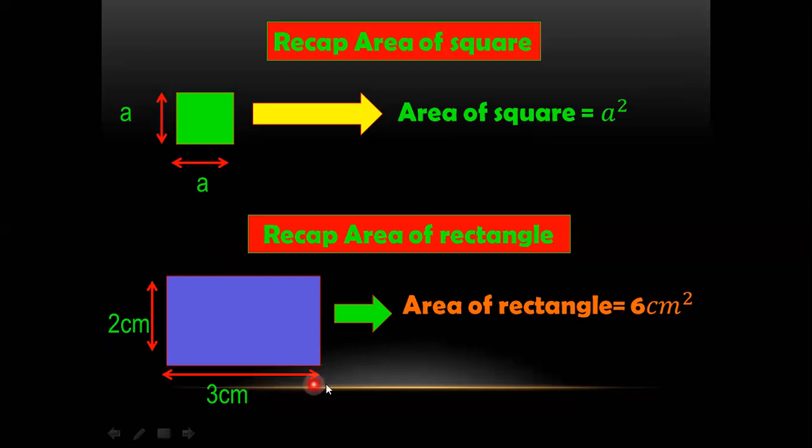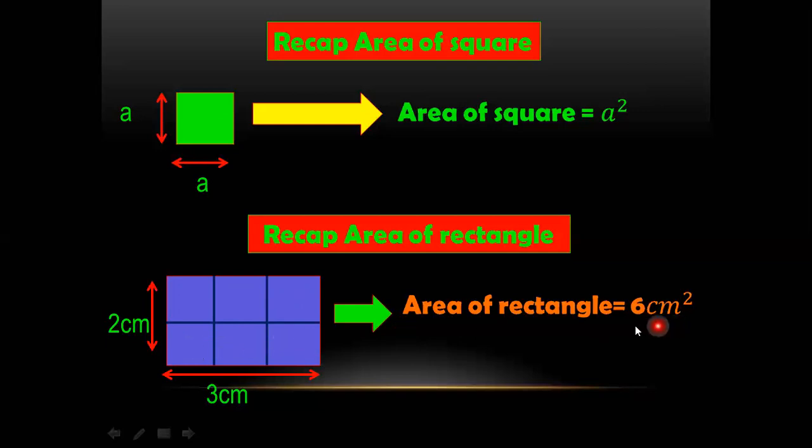So this 3 centimeter means there are 3 centimeters actually here, and 2 centimeter means this line is of 2 centimeter, and we can show this by drawing certain lines. For example, now you can see 1 centimeter, 2 centimeter, and 3 centimeter, and another line will show this 1 centimeter and 2 centimeter. Now count the squares: 1, 2, 3, 4, 5, and 6.